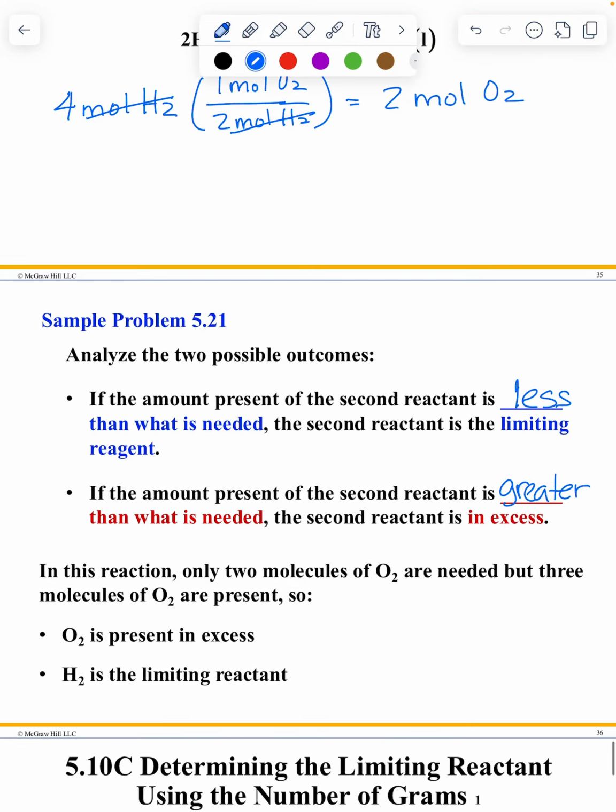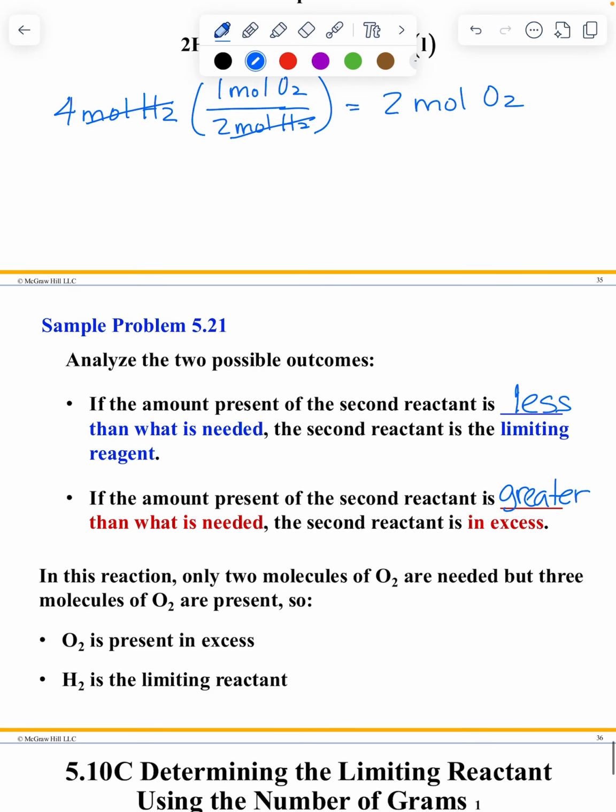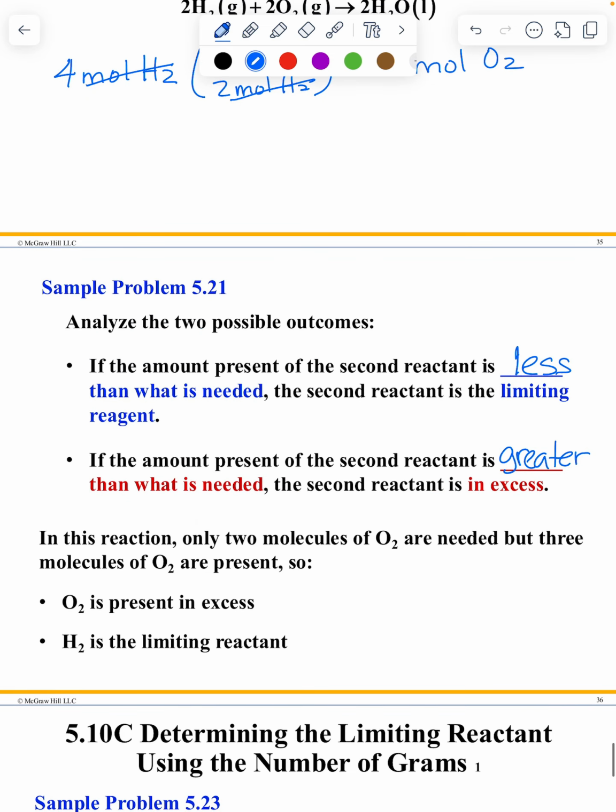So that means that H2 is our limiting reactant. So hopefully that makes sense.